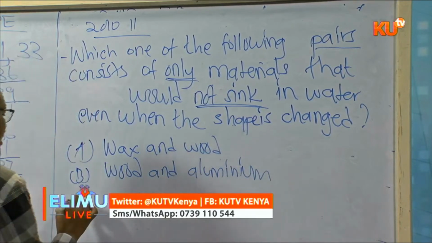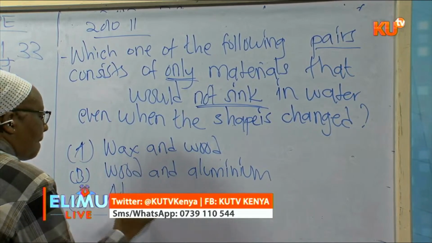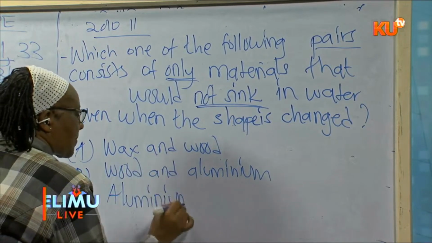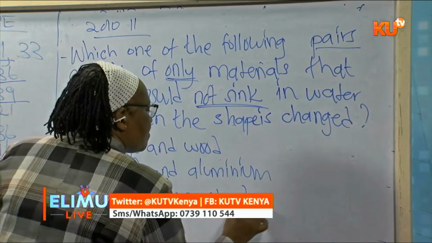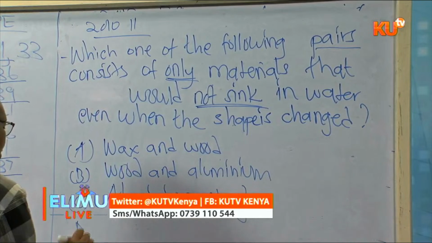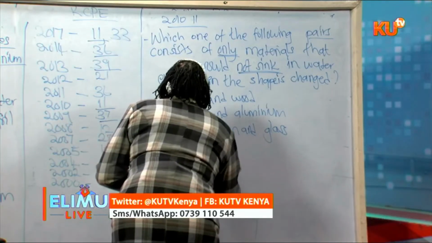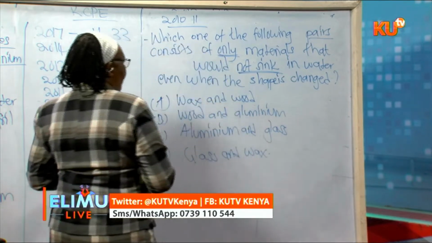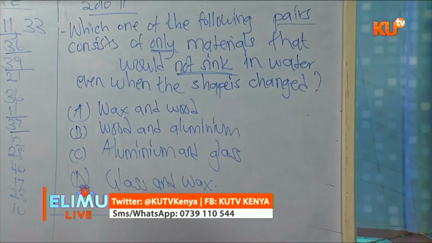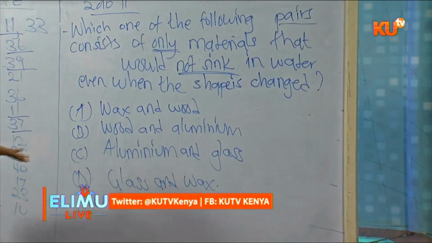The third pair is aluminium and glass, and D is glass and wax. If you look at the choices given, you find that aluminium and glass are usually repeated here.